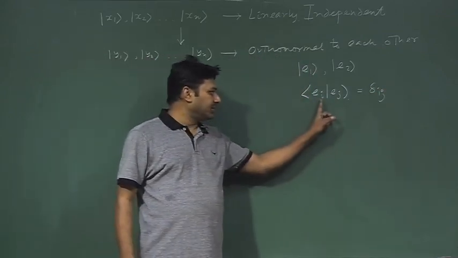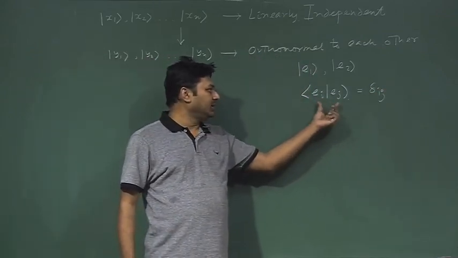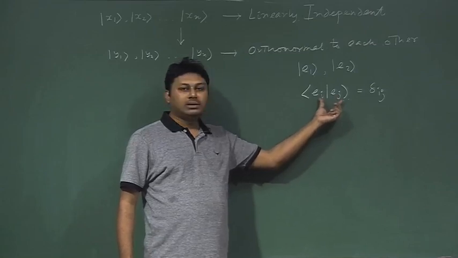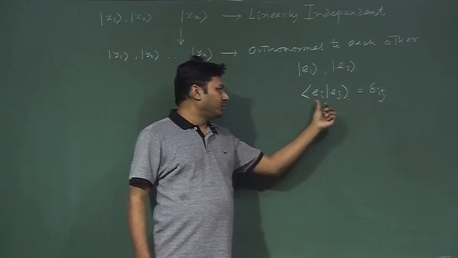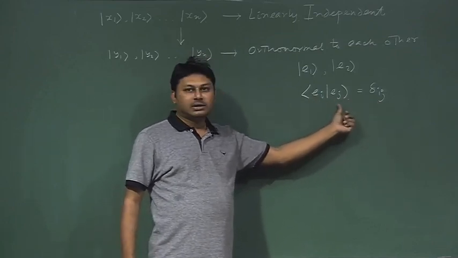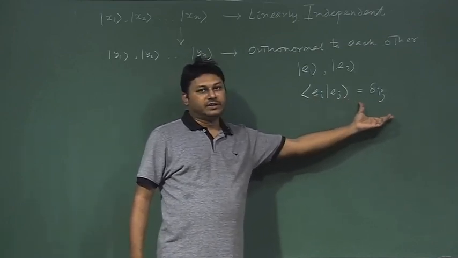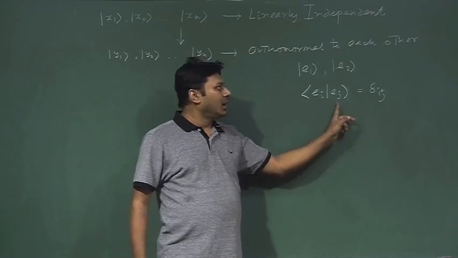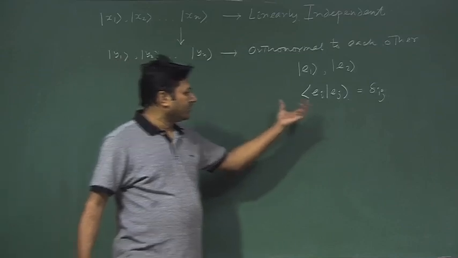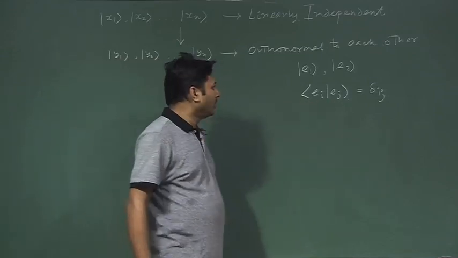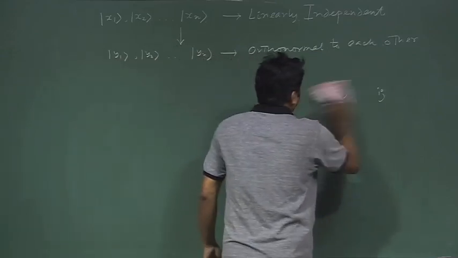So when I put the same index, (e1, e1) or (e2, e2), it will give 1. But if I put (e1, e2) or (e2, e1), it will give 0. That means e1 and e2 are normal to each other, and not only that, their norm is 1. That is called orthonormal or orthonormality.